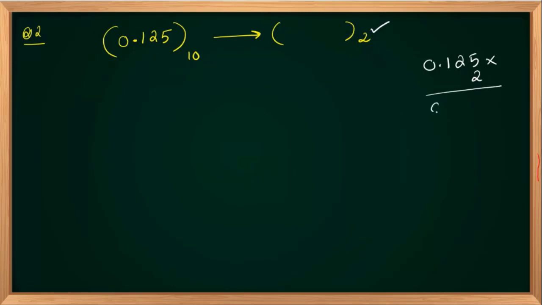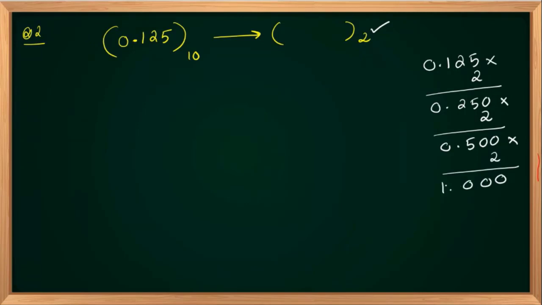I will get 0.250. Again, we should multiply with the same base 2. I will get 0.500. Again, multiply with the same base. I will get 1.000. Then I cannot multiply it further because this is already 0.